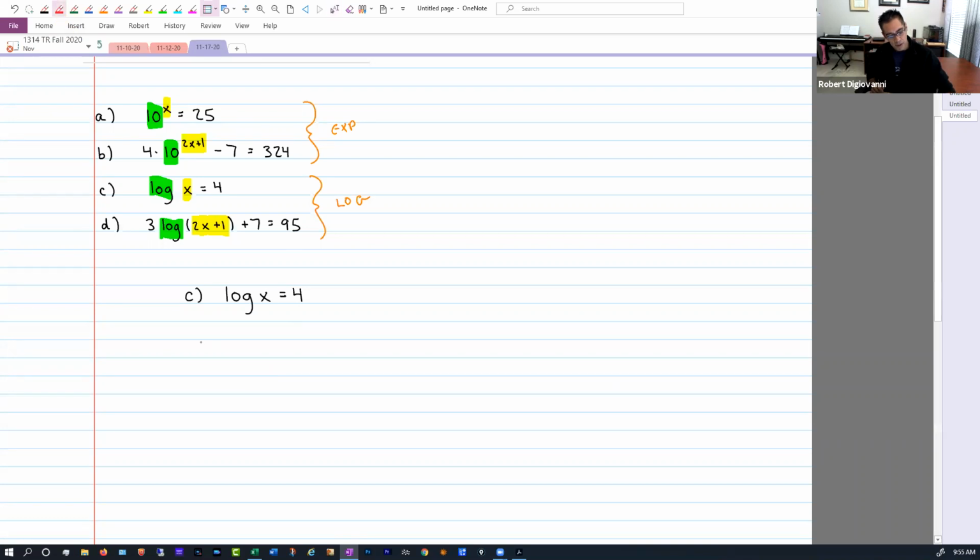So I'm going to put a 10 and raise both sides of the equation to it: 10 raised to the left side equals 10 raised to the right side. By design, the 10 and the log will kill each other off. You get x. On the right side, 10 to the 4th is 10,000. So your answer is 10,000.